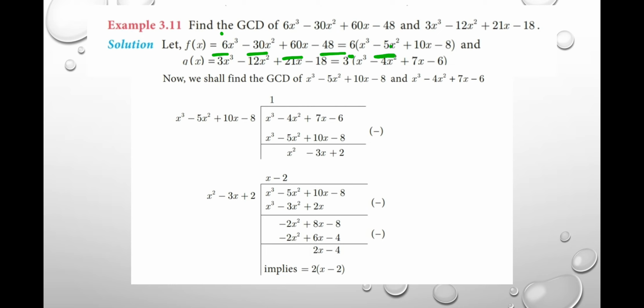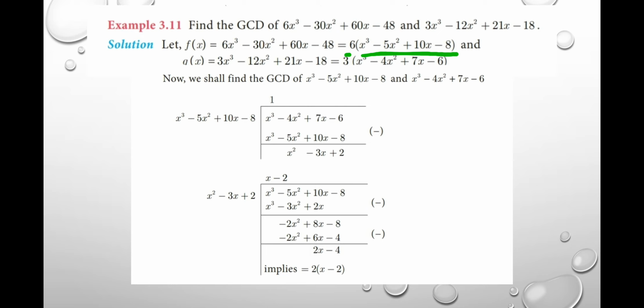Minus 5x square. 6 tens are 60, so remainder 10x. Minus here 48 is given. 6 8s are 48, so minus 8. So write the remaining terms inside the bracket: x cube minus 5x square plus 10x minus 8.